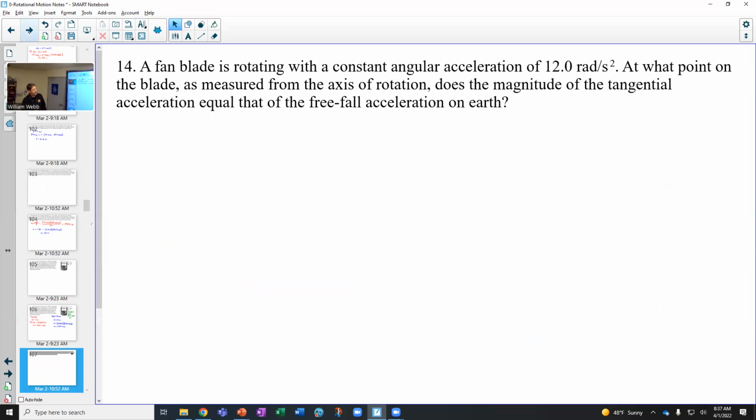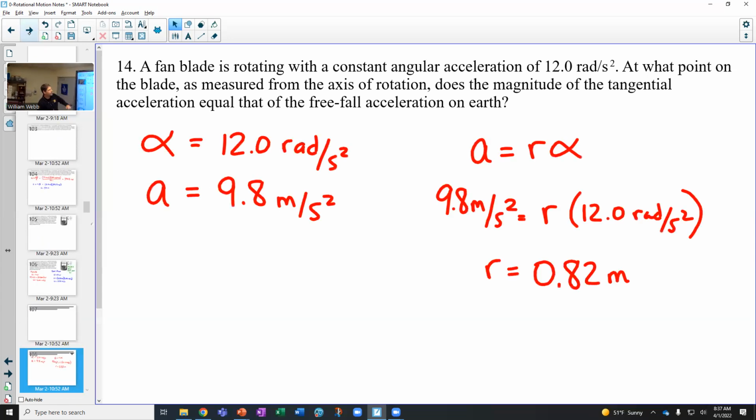And then I did the last one. A fan blade is rotating with a constant angular acceleration of 12 radians per second squared. At what point on the blade, measured from the axis, does the magnitude of the tangential acceleration equal free fall? So it tells me the angular acceleration is 12, and it wants me to figure out when the linear acceleration will be 9.8.